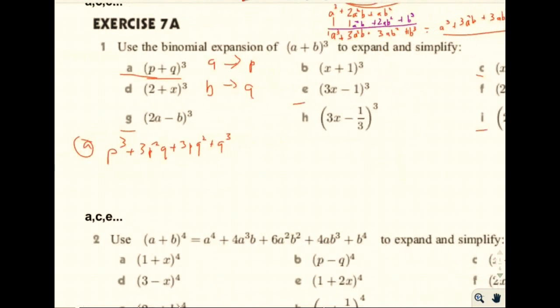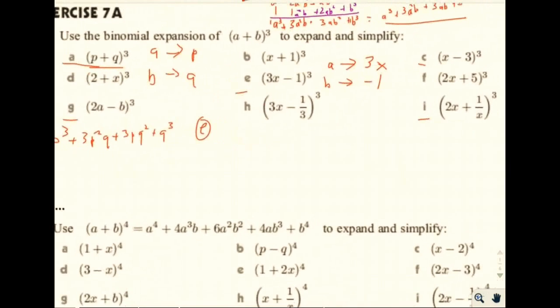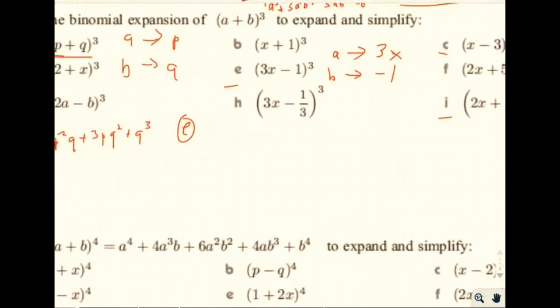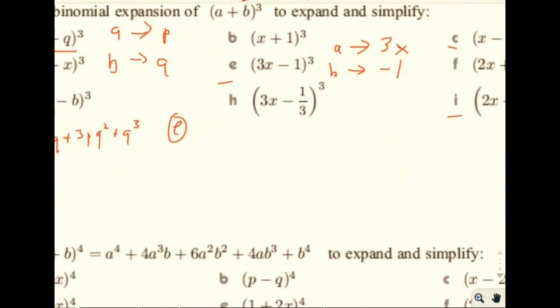What about for e? 3x minus 1 cubed. So here we would take all our a's and change them to 3x. And we would take all our b's and change them to negative 1. This is a little bit more tricky because, with the negative sign and the multiplication of the constants, things are not that easy, right?